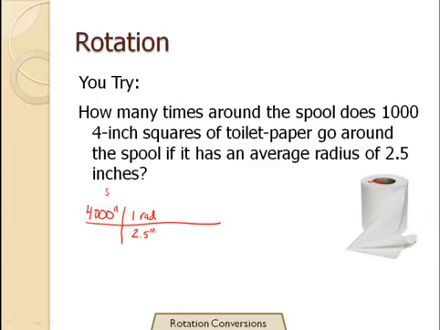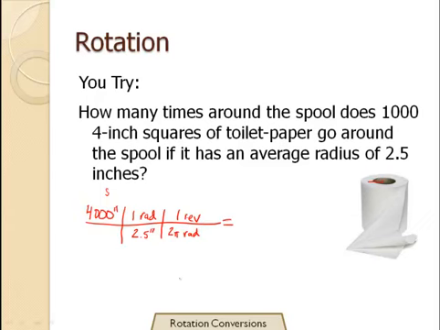And what that also means is that I have traveled 1 radian if I have traveled 2.5 inches around the outside. And so this would convert the distance of 4,000 inches into an angle in radians. And this makes more sense to us, I think, if we convert it into revolutions. So I'll go one more step, and we'll say there are 2 pi radians in 1 revolution.